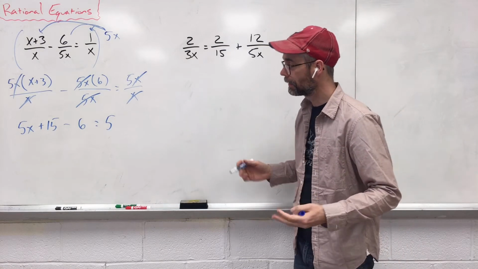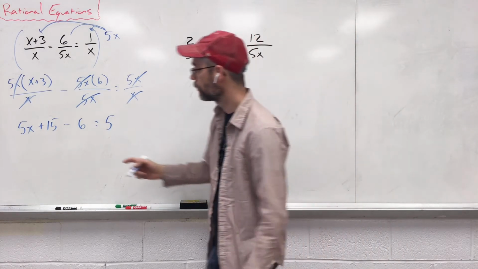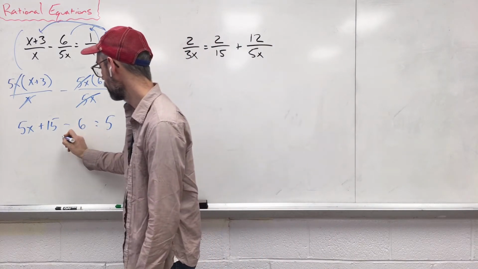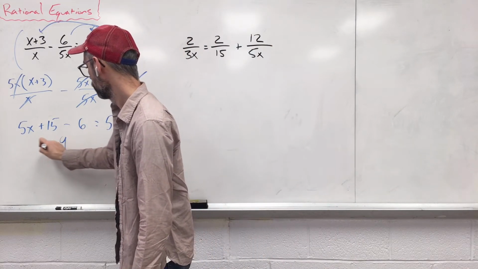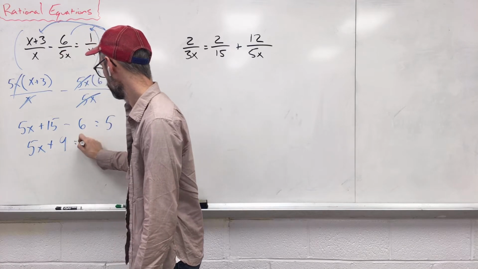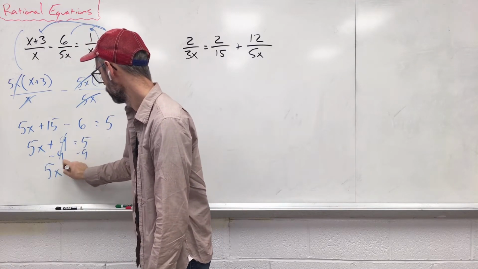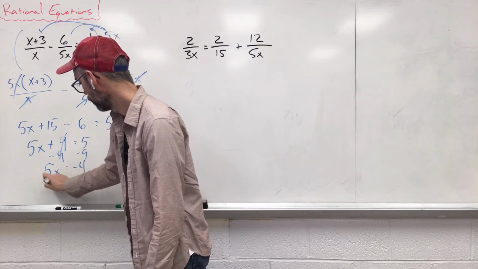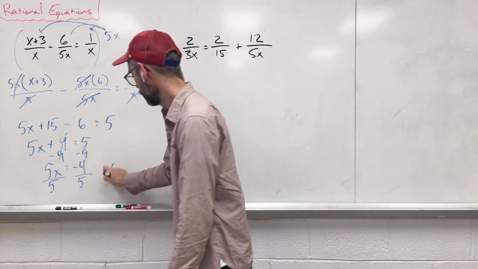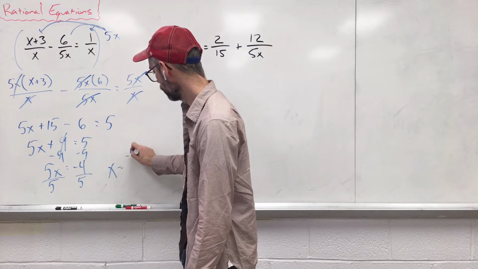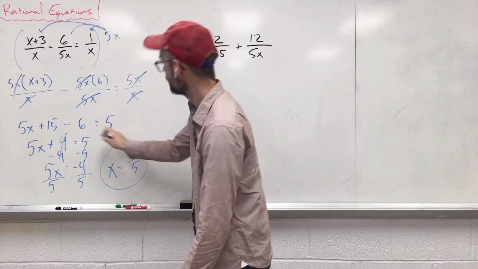So let's combine and get x alone. So 15 minus 6 gives us 9. Minus, and then divide. And yeah, it's an ugly answer, but it's an answer.